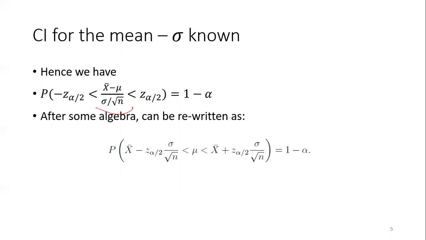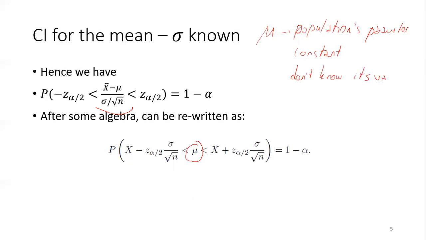And after some algebra, you can write this, okay? The probability that your mu, remember what was mu? Mu was the population parameter, and it was constant, and we don't know its value.